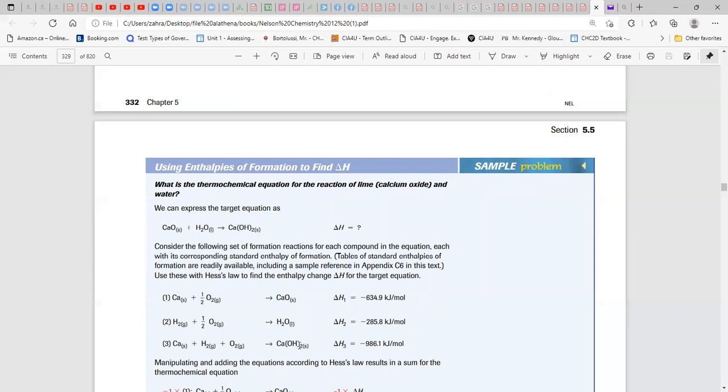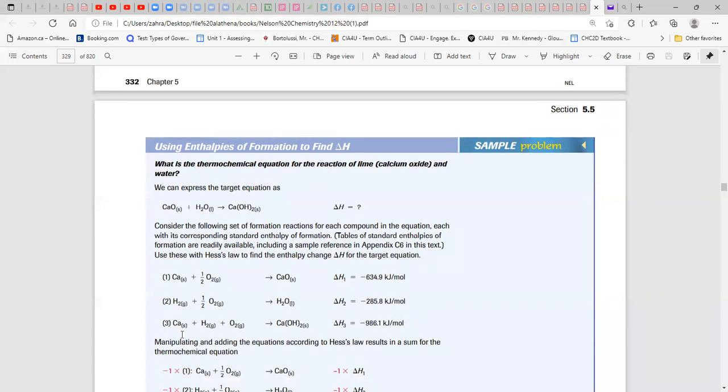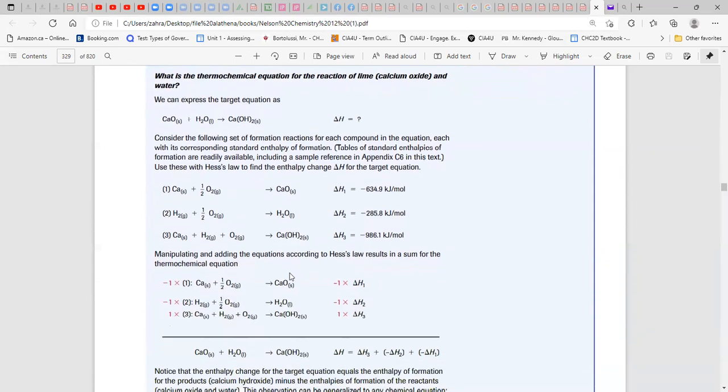For Ca(OH)2, you just write down the formation equation, and the delta H you can get from the back of the textbook. Now you use Hess's law. This is your target reaction, and these are the steps. For this one, CaO should be on the left side, that's why you multiply by -1. The coefficient is 1, you just multiply by -1.